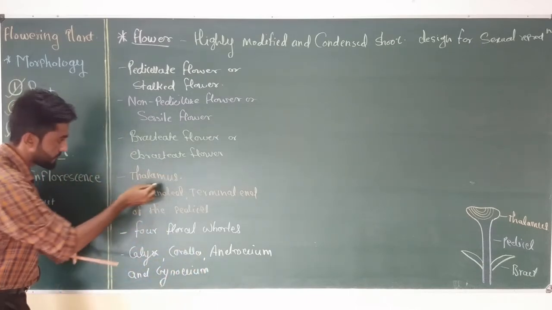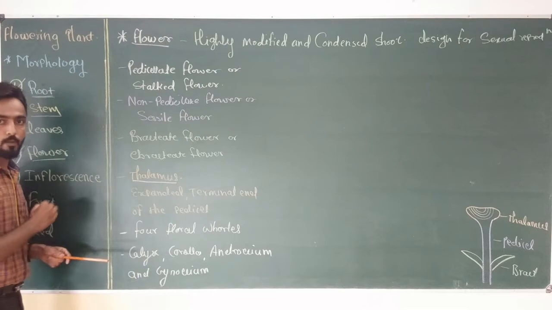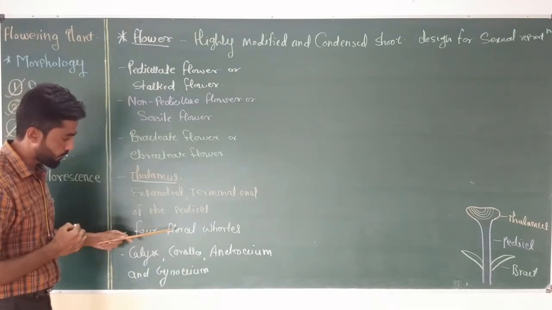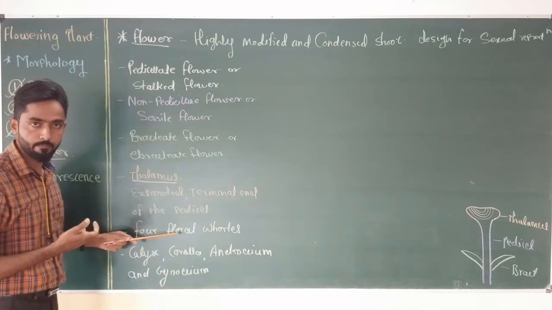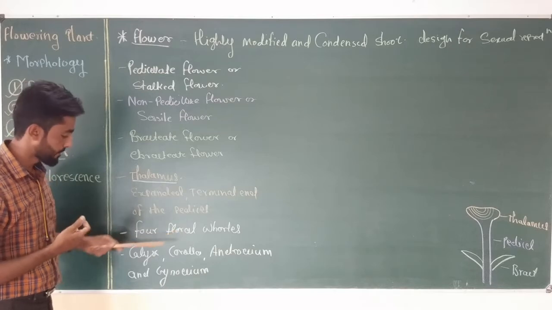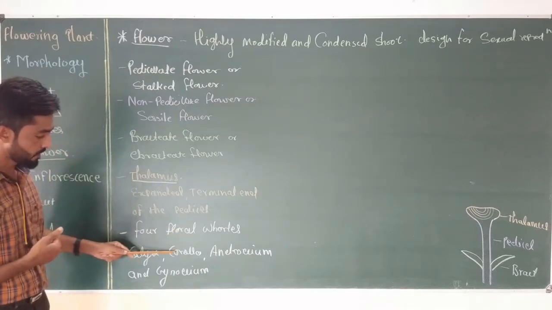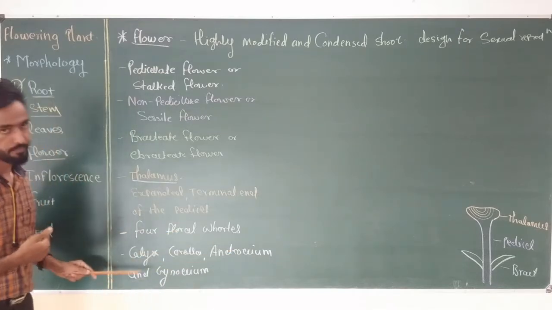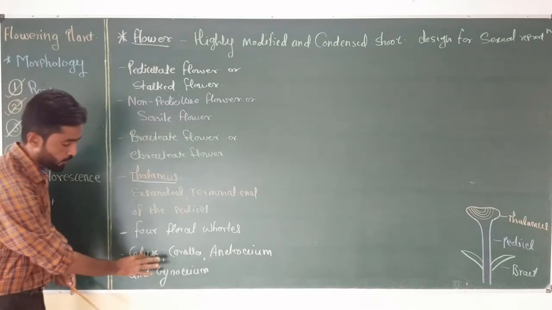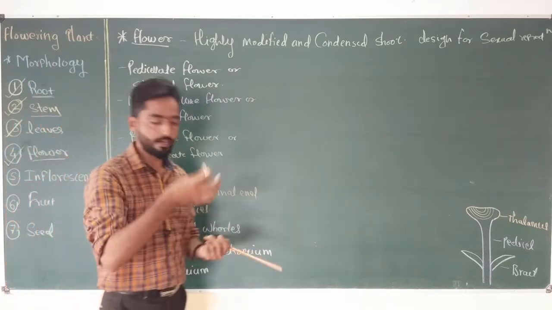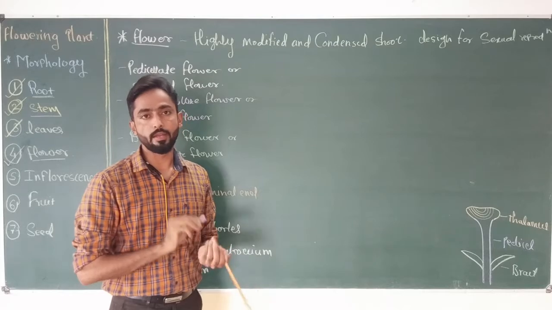That means the thalamus of the flower gives rise to 4 different types of floral whorls in the angiospermic plant flower, and they are calyx, corolla, androecium, and gynoecium. All these 4 whorls are divided into 2 main groups.